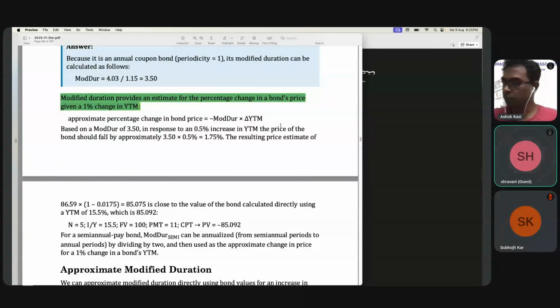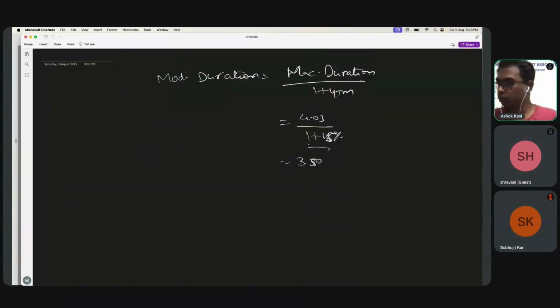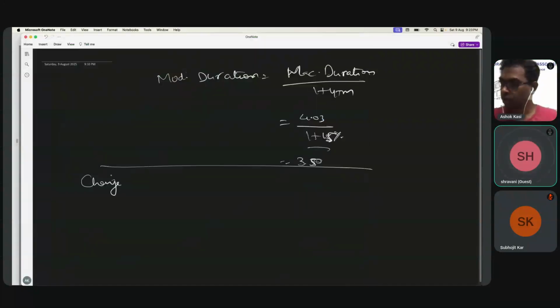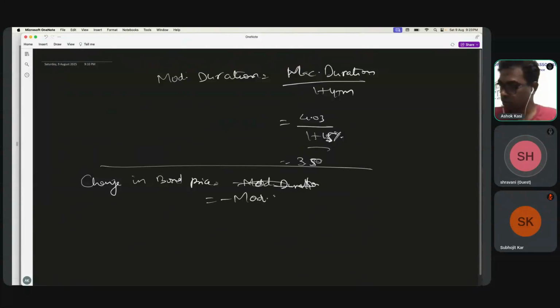Yes, sir. Okay. Now, the formula that I used was change in bond price. Change in bond price is equal to minus, assuming the interest rate is going up, minus modified duration into delta YTM.